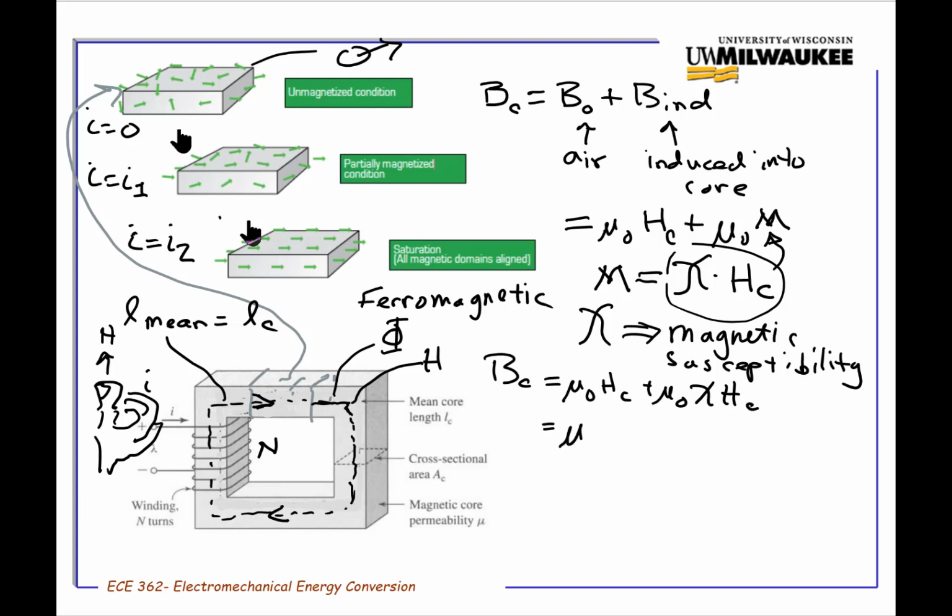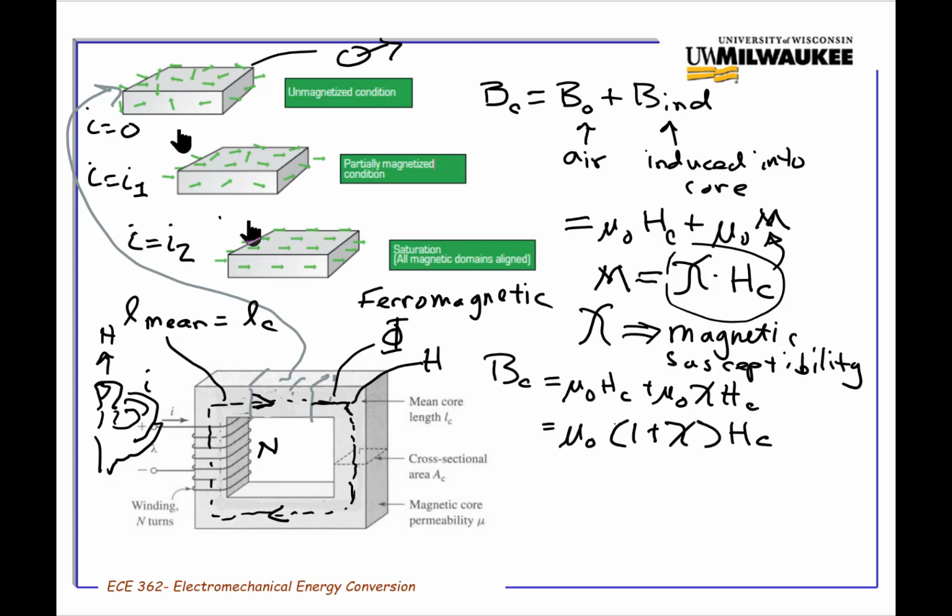If I pull out the mu naught, and put the HC over on this side, I end up with this expression in the middle: mu naught times (1 plus chi) times HC.